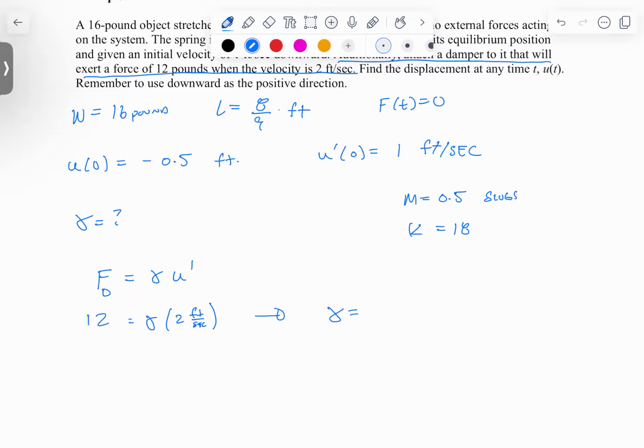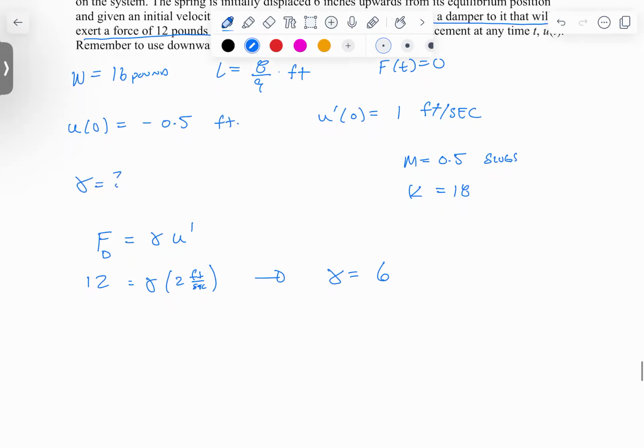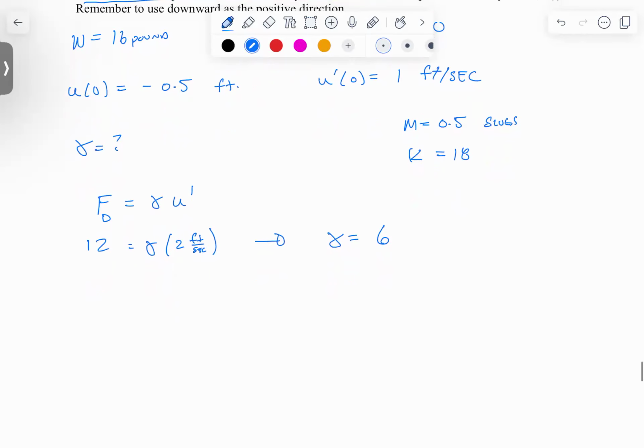And when we solve that, gamma equals 6. The units are irrelevant as well. This then creates our entire differential equation now.